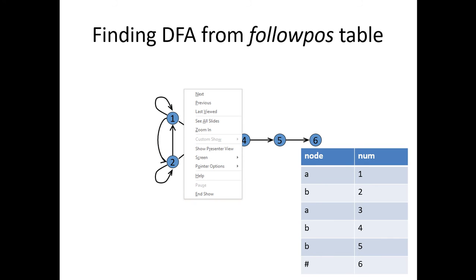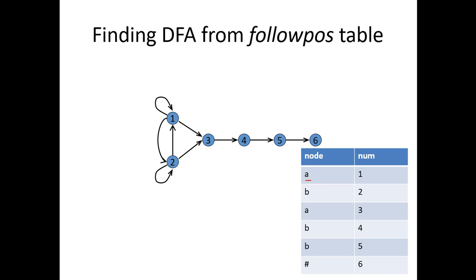Now we have numbered each of the nodes: 1 represents A, 2 represents B, 3 represents A again, 4 represents B, 5 represents B, and 6 represents the hash symbol.